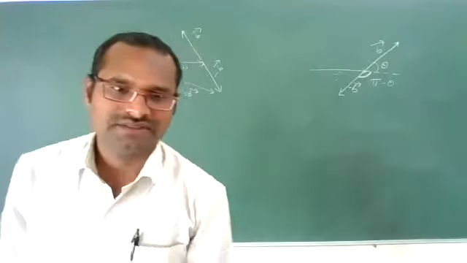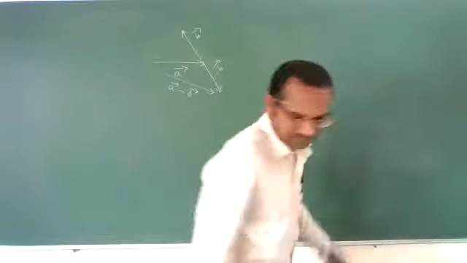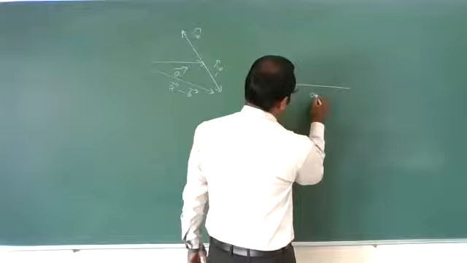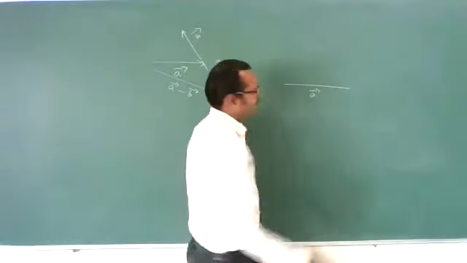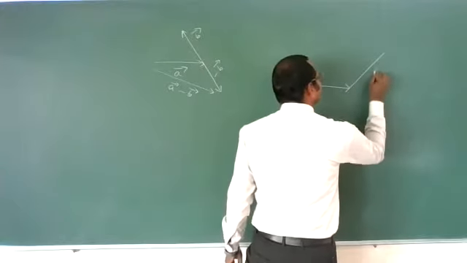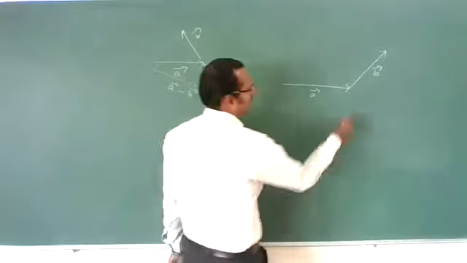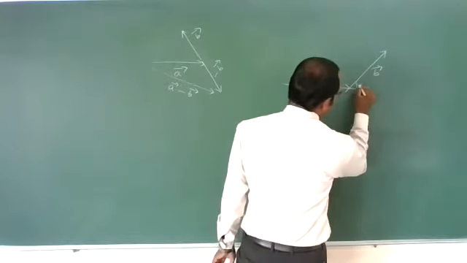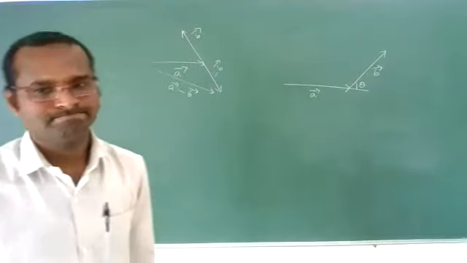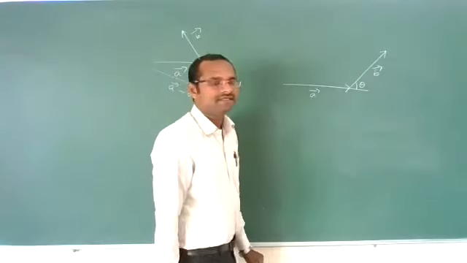Abhay is saying he is not understanding. Okay, no problem, I'll write one more time. This is A bar. This is B bar. The angle between A bar and B bar is theta.